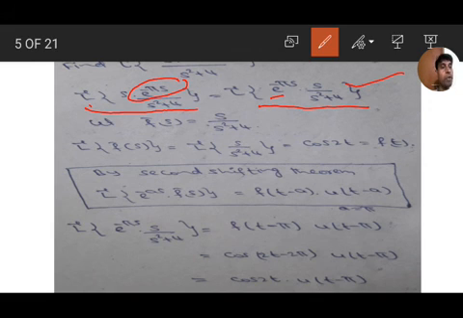So it is e to the power of minus as into f bar s form. So except e to the power of minus pi s, the remaining function we have to take as f bar s. So let f bar s equal to s by s square plus 4.